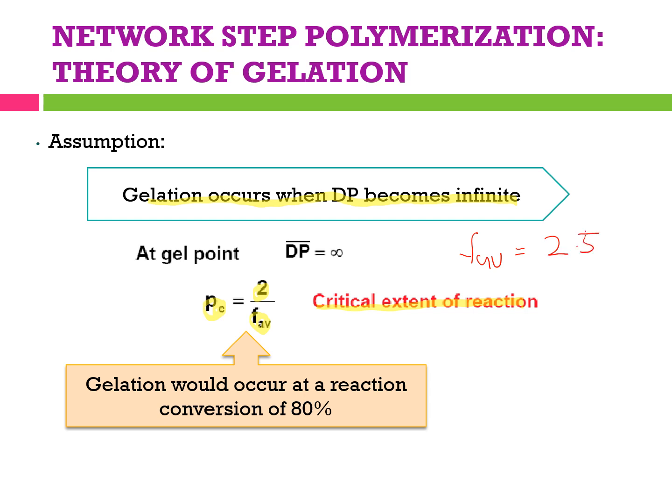To find the critical extent of reaction for that polymerization, we use this formula, critical extent of reaction equals 2 divided by average functionality, which is 2.5. So we got the value of 0.8. In degree of polymerization, 0.8 times 100, we get the reaction conversion of 80%. Therefore, we can say that in that polymerization of a polyester, gelation would occur when the reaction reaches about 80% conversion.